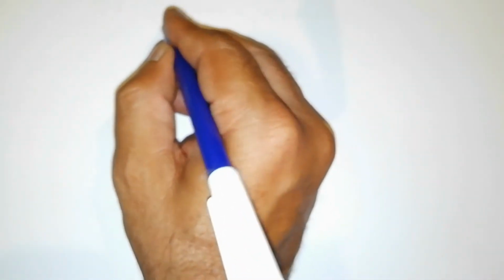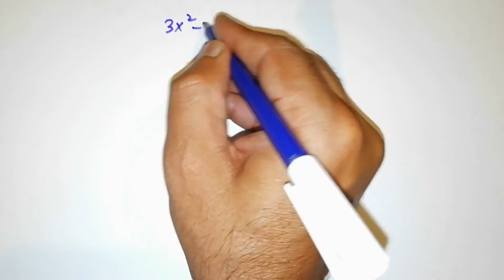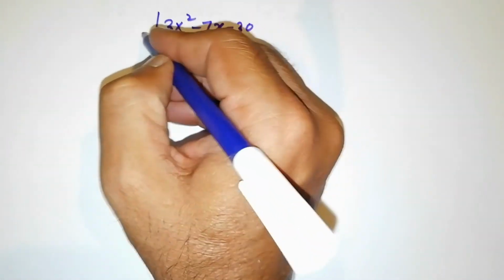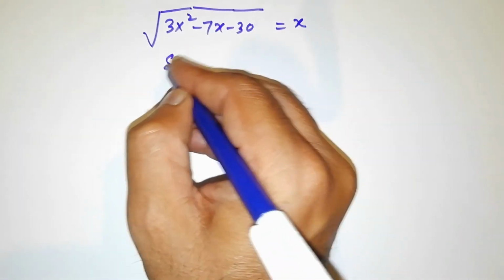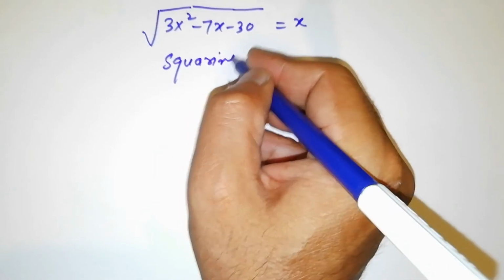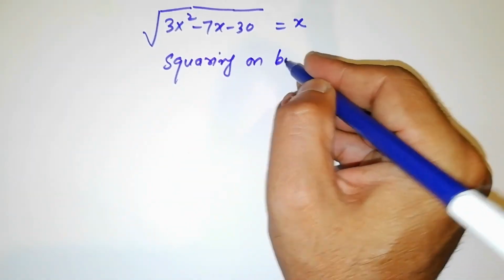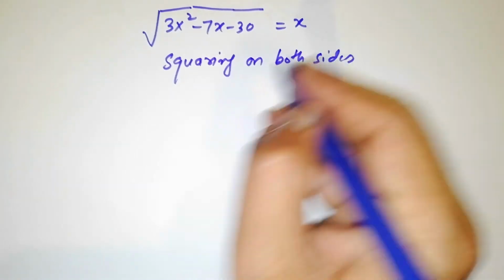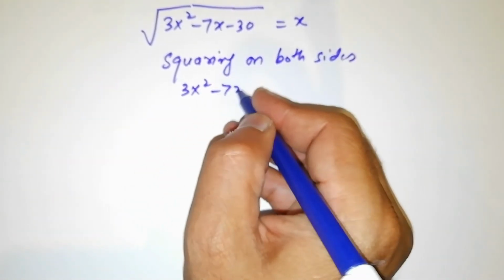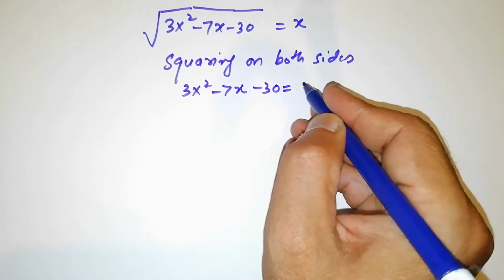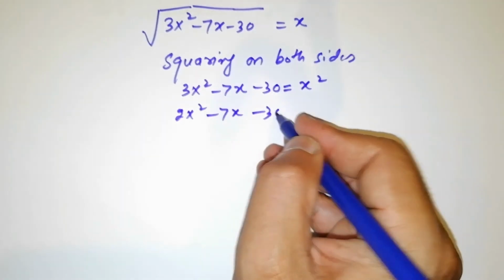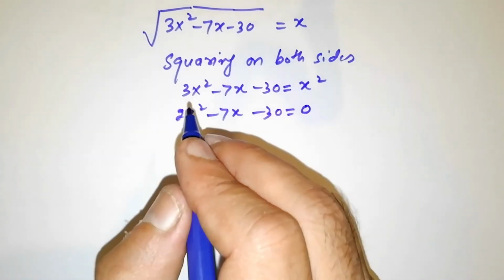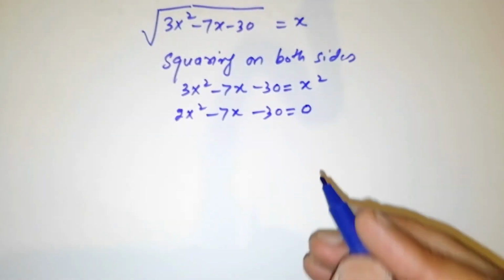Now here we put the value of A. So we have the square root of 3x square minus 7x minus 30 equal to x. So squaring on both sides, we have 3x square minus 7x minus 30 equal to x square, which means 2x square minus 7x minus 30 equal to 0. Now we factorize this.